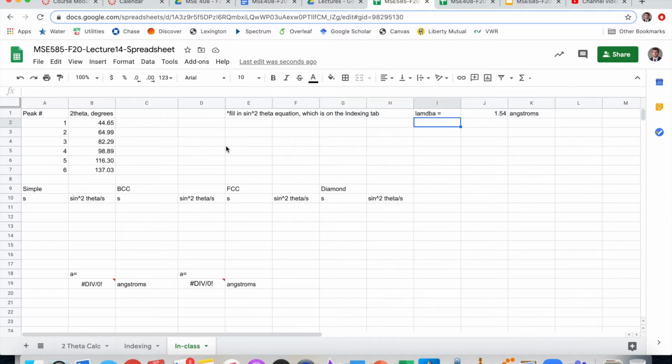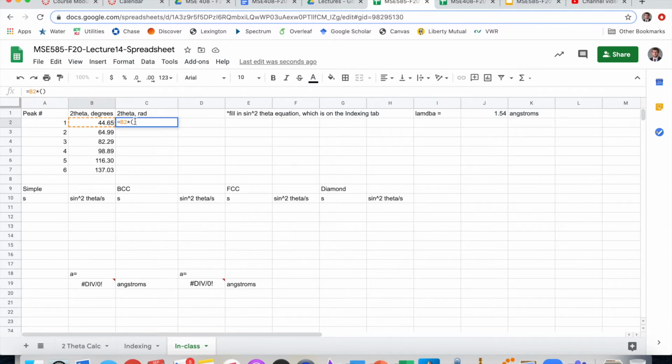Okay, so the first step: we have the 2 theta values in degrees, and we're going to calculate the sine squared theta. Usually to start with, I just like to convert 2 theta to radians. The reason I do this isn't because I like radians. It's because the sine function in most spreadsheets tends to be forced to be radians.